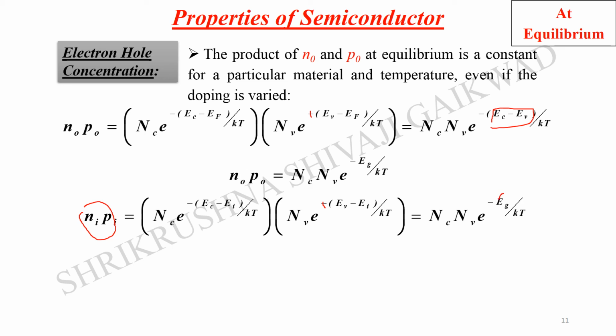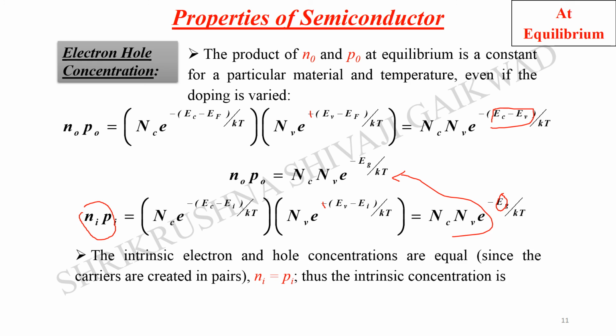That will give us again the same product as we have seen here. So it is independent of the intrinsic level. The product of the electron and hole concentrations at the intrinsic energy level is independent of the energy level where it is. It just depends upon the temperature and the energy band gap.